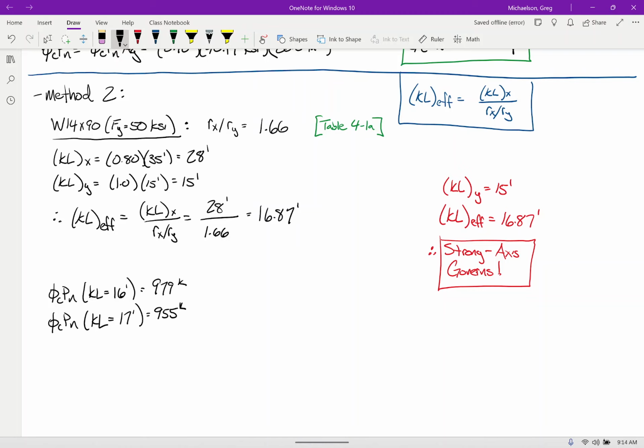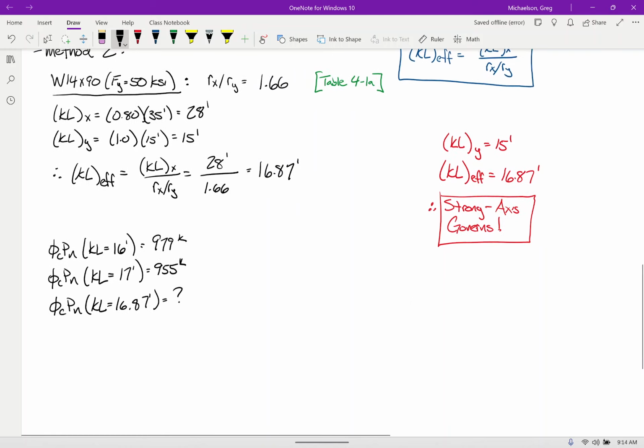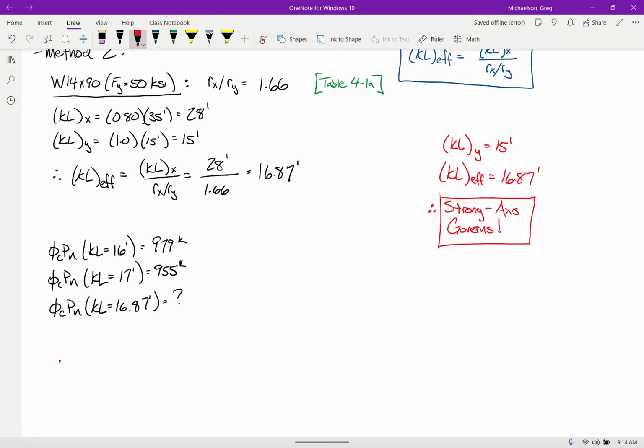So what we're trying to find is that. We're trying to find the capacity at 16.87 feet. Y'all remember how to do this? Let's see if y'all remember this.